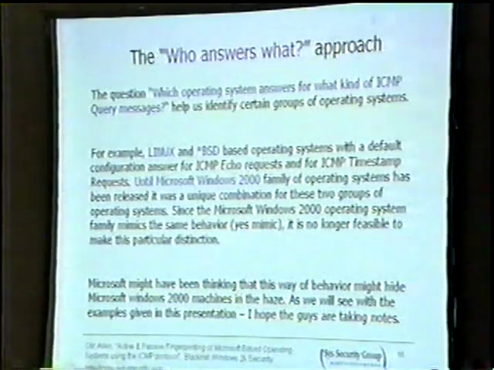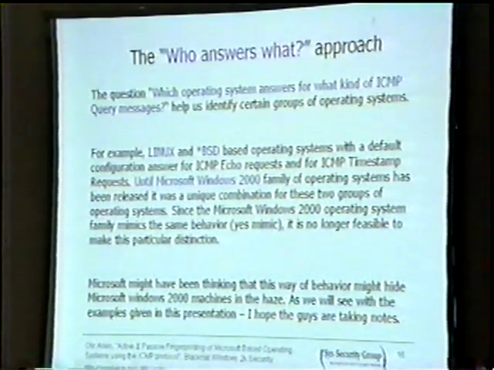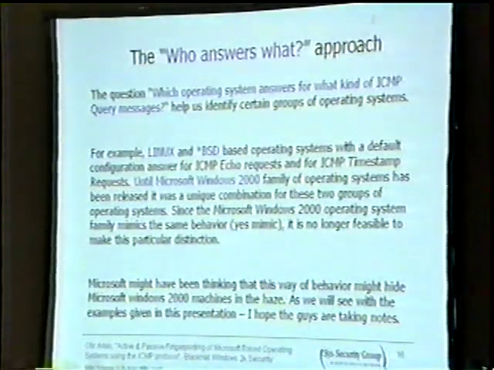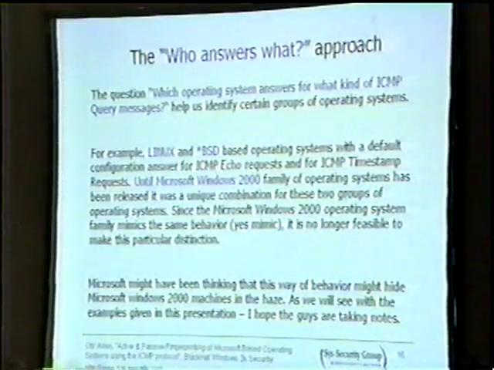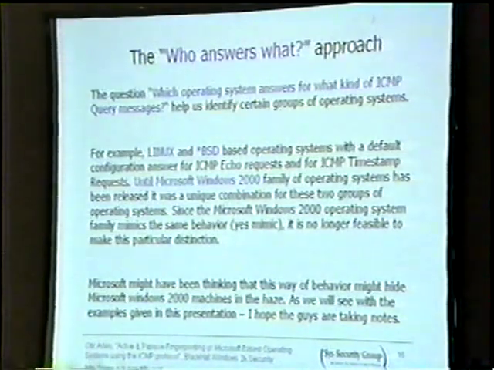This kind of approach was very useful until the Microsoft Windows 2000 family of operating systems was launched. Linux and the BSD variants used their default configuration to answer 2 types of ICMP queries, ICMP timestamp request and ICMP echo request.